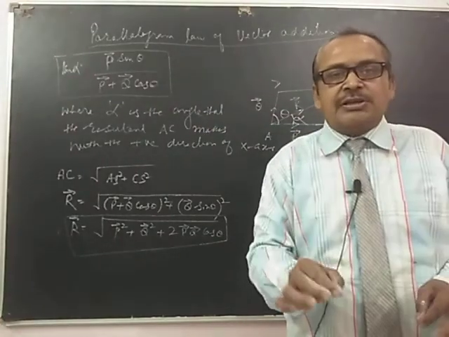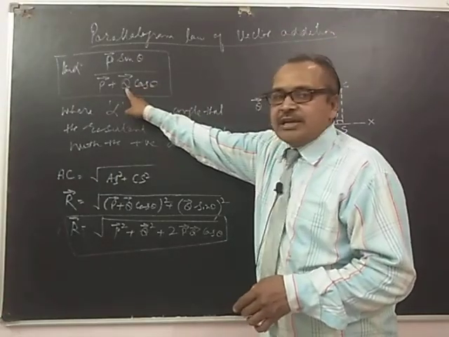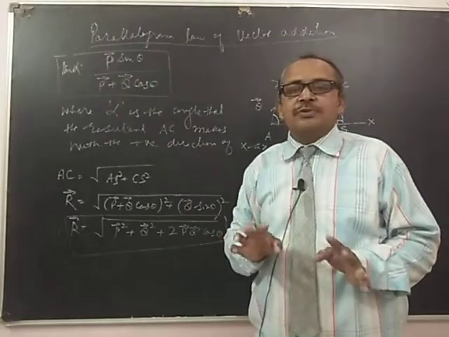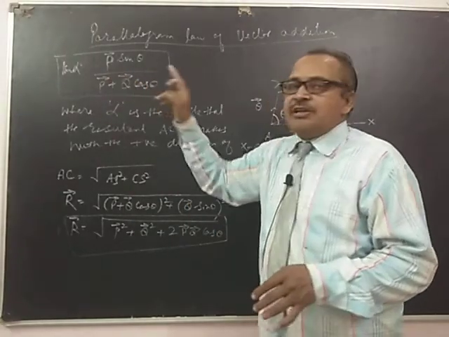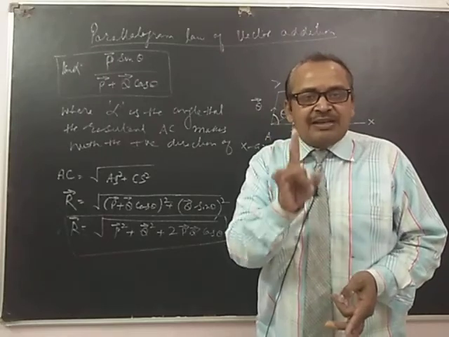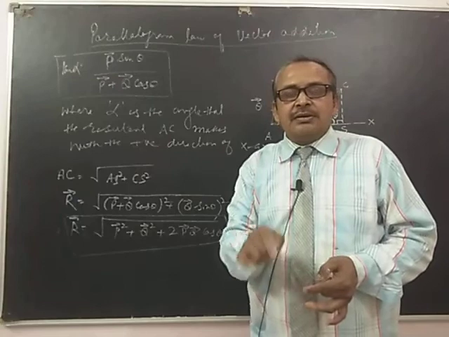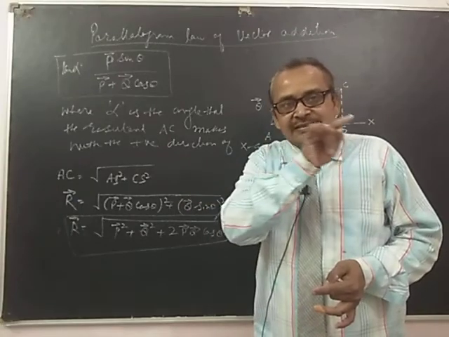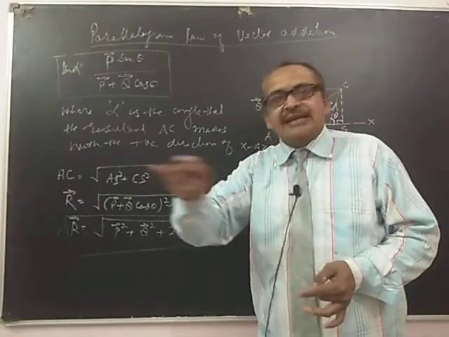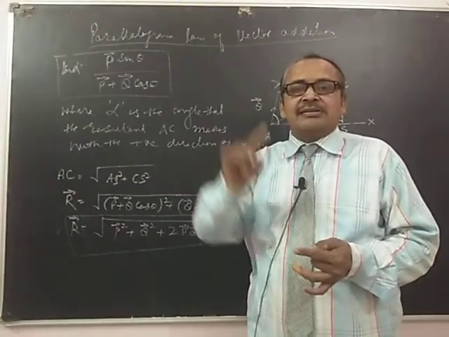The most important thing that you have to remember is: where is P and where is Q? These P and Q should not be changed. So you should always remember that if I am taking P as along x-axis, then Q is along y-axis.